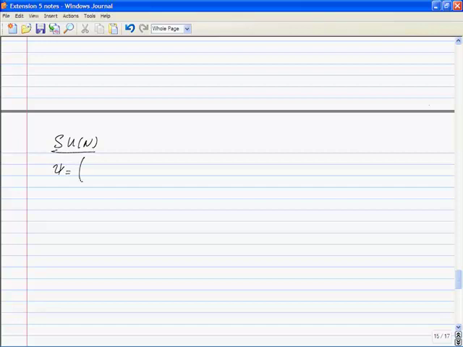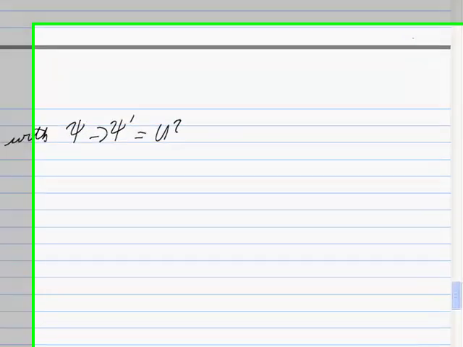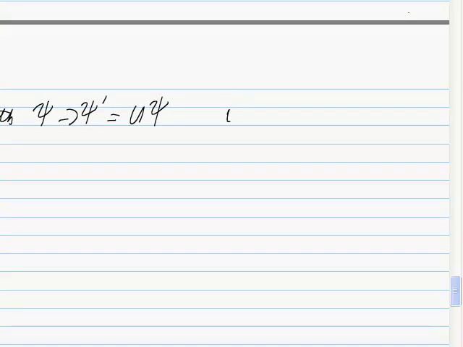So we take psi to be psi 1 to psi n, an n-component object, with the transformation property psi goes to psi prime equals U psi, where U dagger U equals 1 and determinant U equals 1. Again, you can factor out the overall U(1) phase. You're left with an SU(N) matrix.